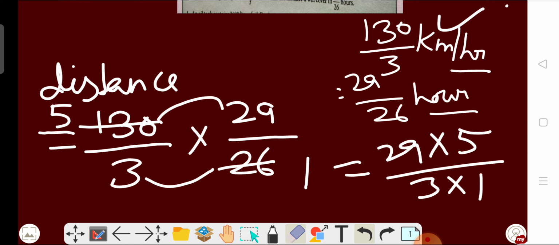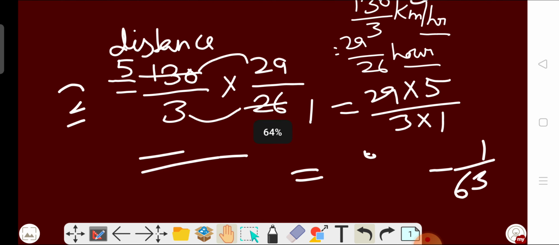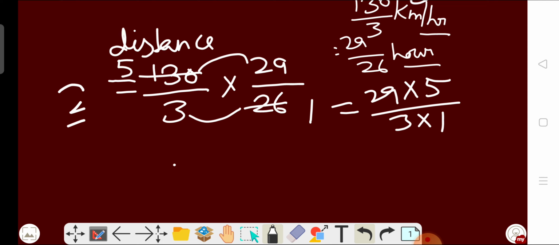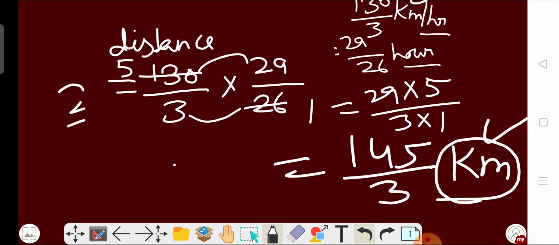So the required answer is 145/3 kilometer. Kilometer is here because the unit of distance is kilometer. So the answer is 145/3 kilometer. This is the solution of your third question.